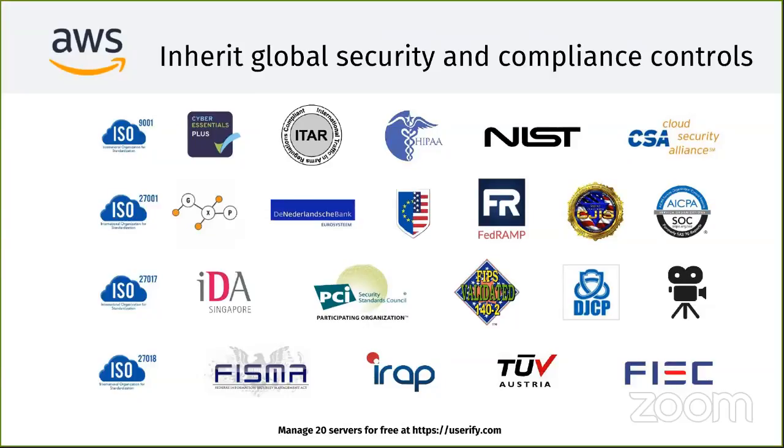AWS has achieved a number of internationally recognized certifications and accreditations that demonstrate compliance with third-party assurance frameworks such as ISO 27001, ISO 27017 for cloud security, ISO 27018 for privacy, and ISO 9001, which is primarily for healthcare, life sciences, and medical devices, automotive, and aerospace manufacturing.